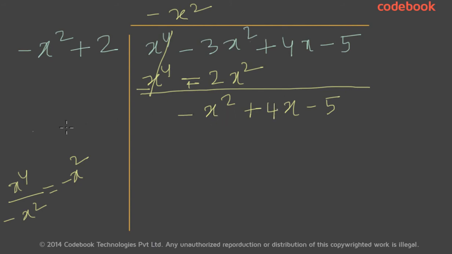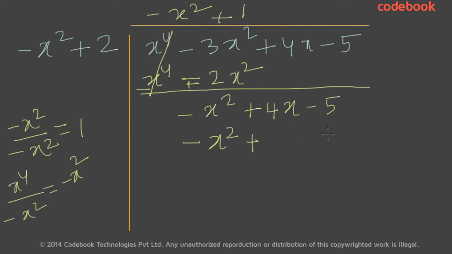So let's continue the division by following the rule in step 2, which is to divide the first term of the dividend. In this case, this is the new dividend and this is the divisor. The first term of the dividend is minus x square, and we divide it with the first term of the divisor, which is minus x square. So minus x square divided by minus x square is 1. So your second term of the quotient is plus 1. Now multiply 1 with every term of your divisor, and you will end up with minus x square plus 2, right?